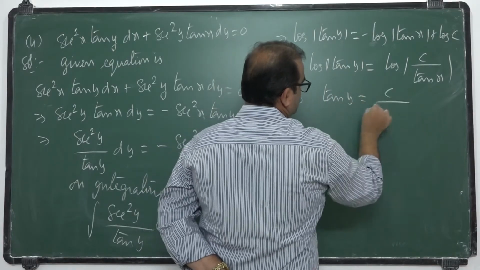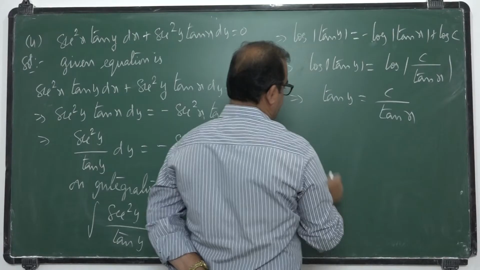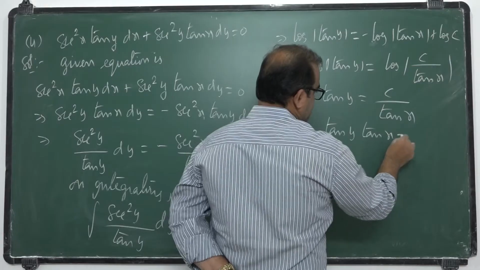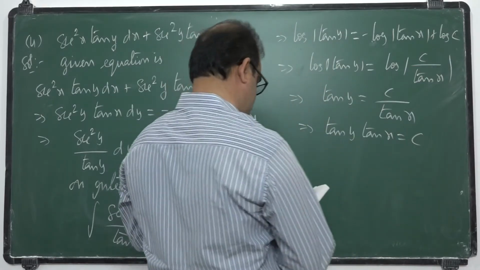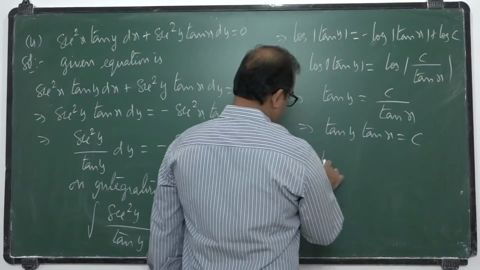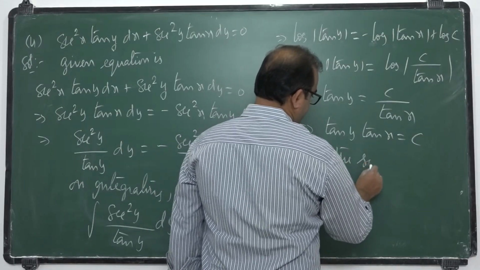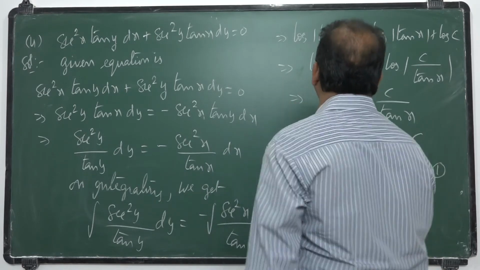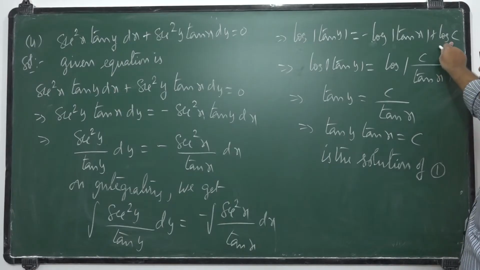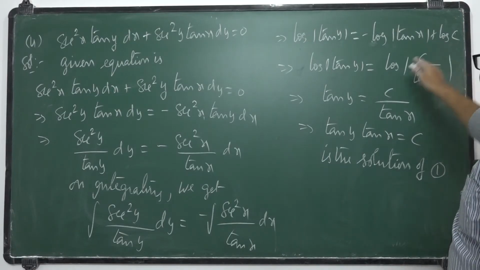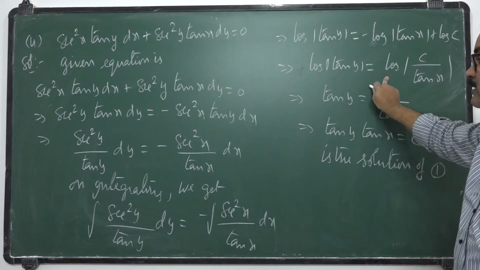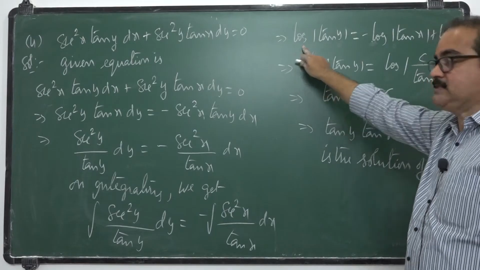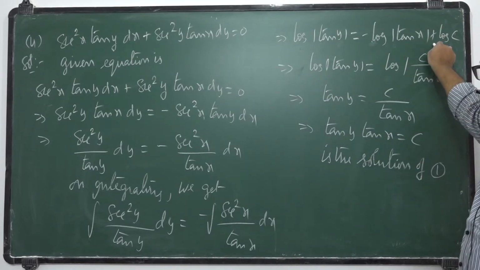Tan y is equal to c by tan x, or tan y into tan x is equal to c, is the solution of equation 1. See here, why do we take log c here? If we take log c, then only the logarithms are removed. So in general, if the variable contains logarithms, you take the constant as log c.